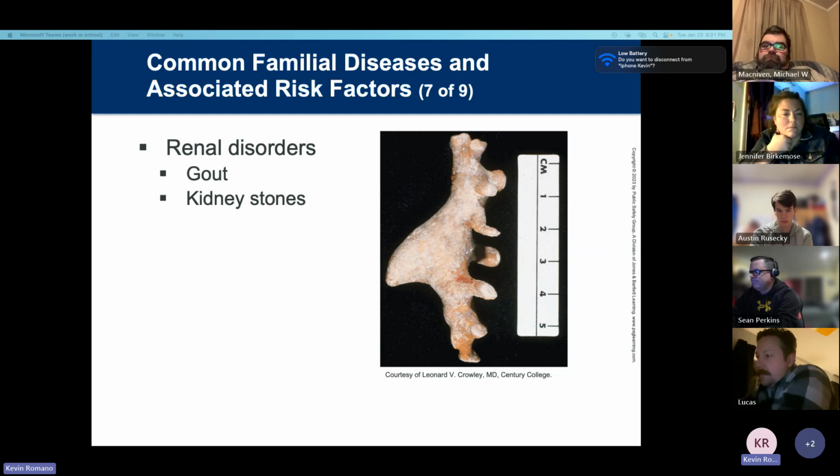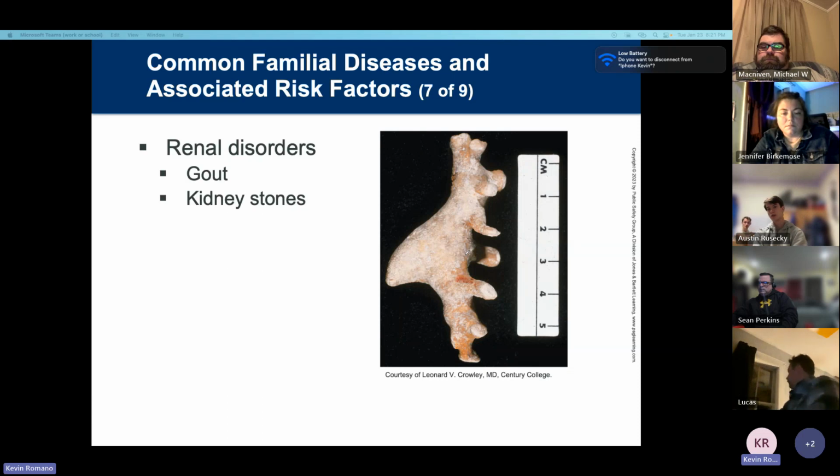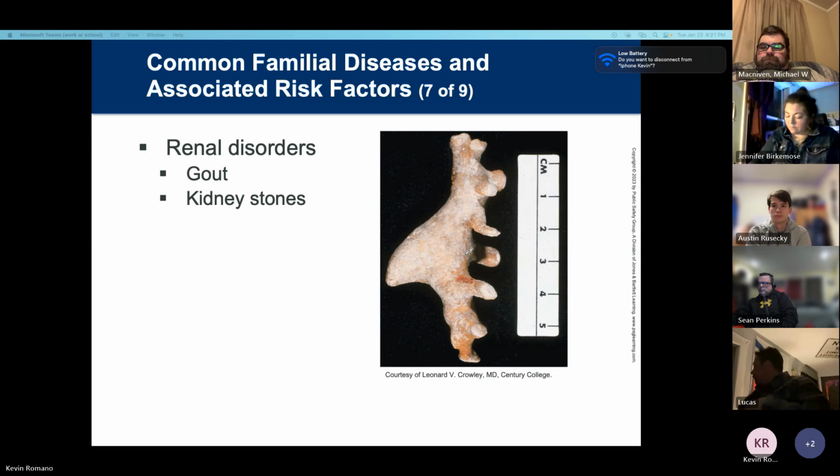All right, renal disorders: gout and kidney stones. As you can see here, measured in centimeters, this is one of your kidney stones. Kidney stones, otherwise known as renal colic. The best medication for this is Toradol, right, which will be coming to the advanced EMT at some point in the future.